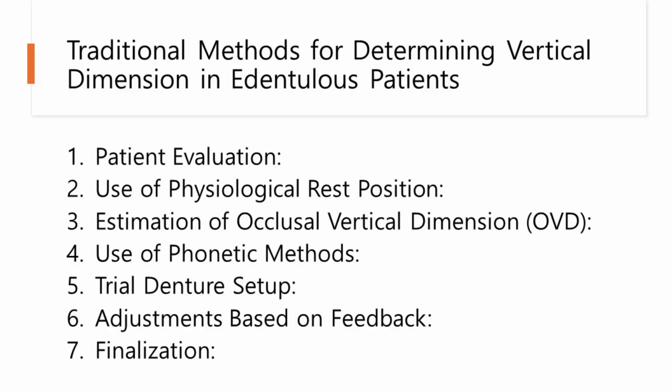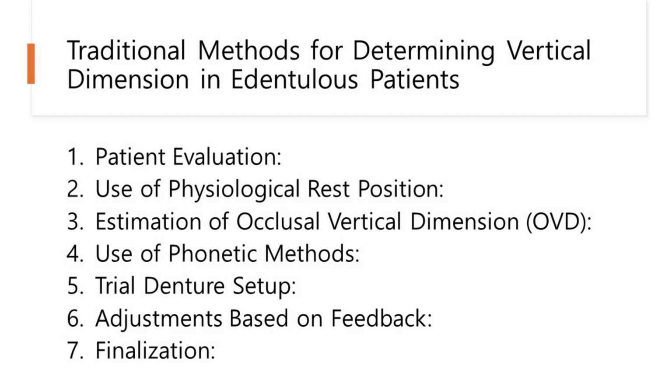Let's dive into the detailed process of determining the vertical dimension for dentures, a critical step in ensuring optimal function and aesthetics. Patient evaluation. We begin by assessing the patient's facial aesthetics and anatomical features. We also review any pre-extraction records and photographs.